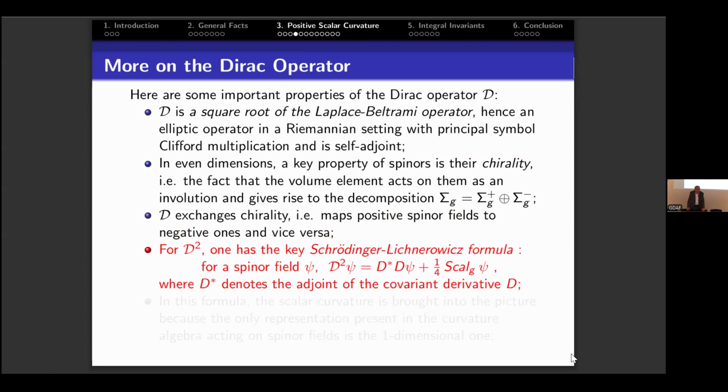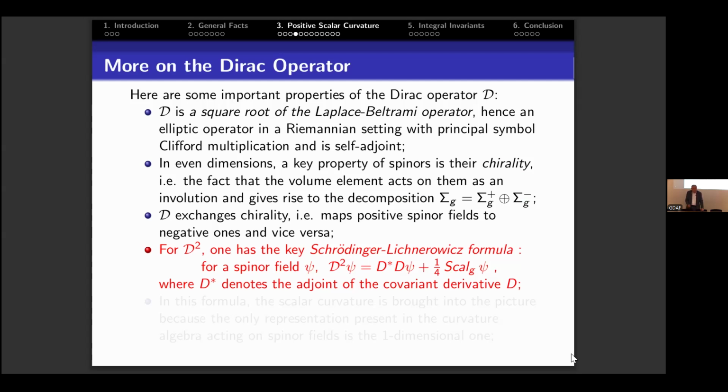And the key formula, which was discovered by Lichnerowicz, but actually Schrödinger had written it 30 years before, is called the Schrödinger-Lichnerowicz formula, which says that the square of Dirac is like the D'Alembertian in Lorentzian geometry, or like the Laplacian in Riemannian geometry. So D squared of psi is D star D psi plus 1/4 scalar curvature times psi.